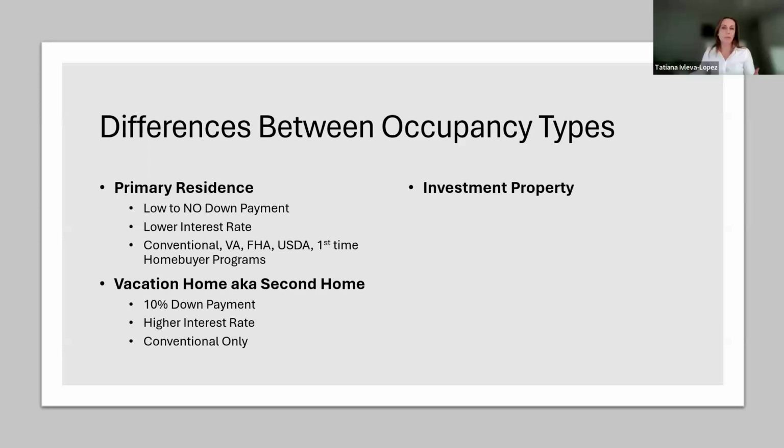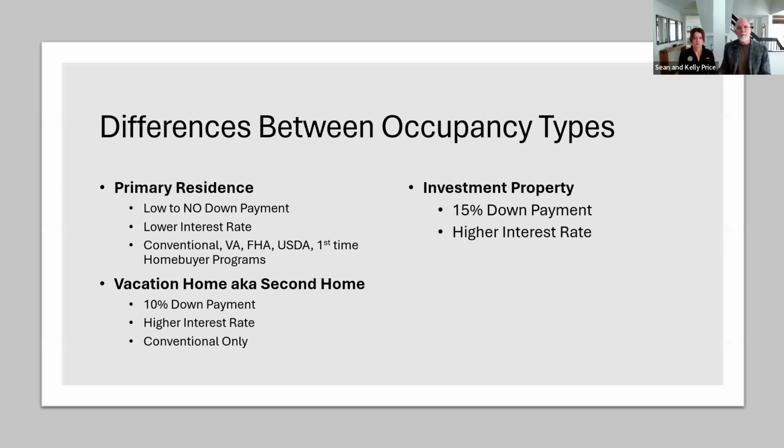So the investment property obviously is a property that will be rented out. It's purchased as an investment, and we're not going to live there. Minimum 15% down payment is required. Definitely gonna have a higher interest rate. Right now, if you put 25% down, you're gonna get the best option with investment property, versus if you put 15 or 20% down.